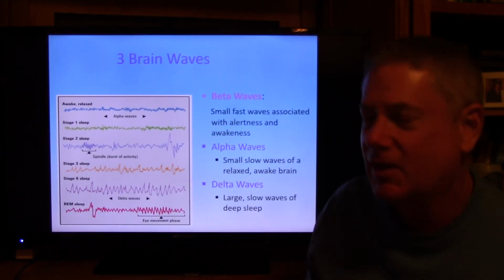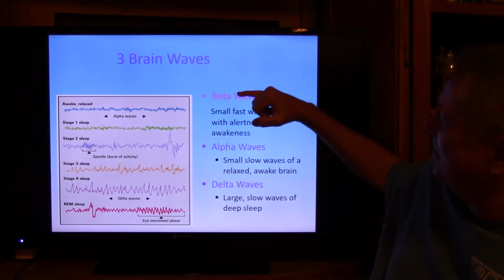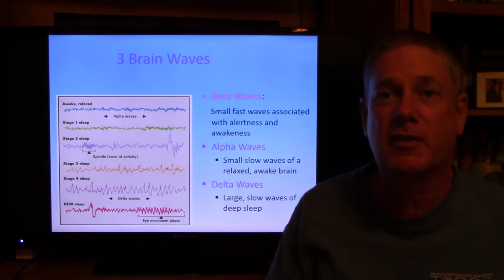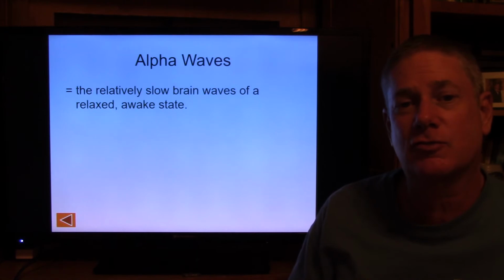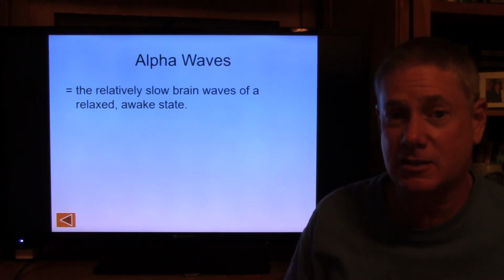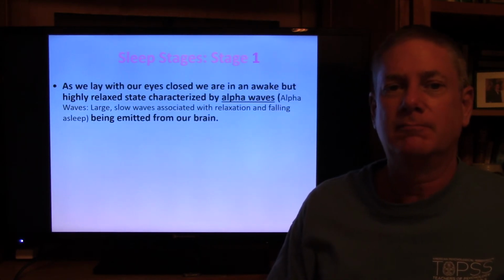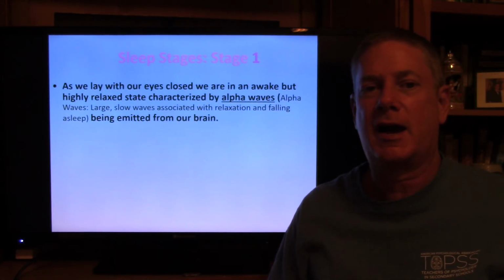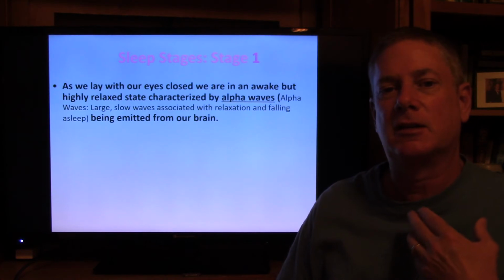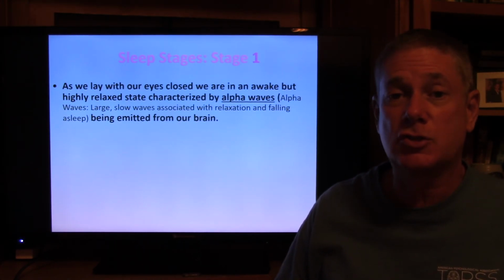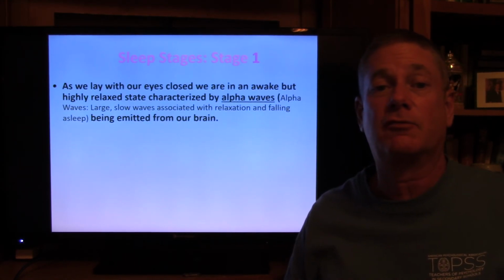You gotta go now. And beta, alpha, and delta waves are waves that are measured by the EEG. Again, alpha, the slow waves of a relaxed awake state. Non-REM stage 1, as we lay with our eyes closed, we're awake, in a highly relaxed state, basically characterized by these alpha waves, and they are basically large slow waves that are relaxing and falling asleep.